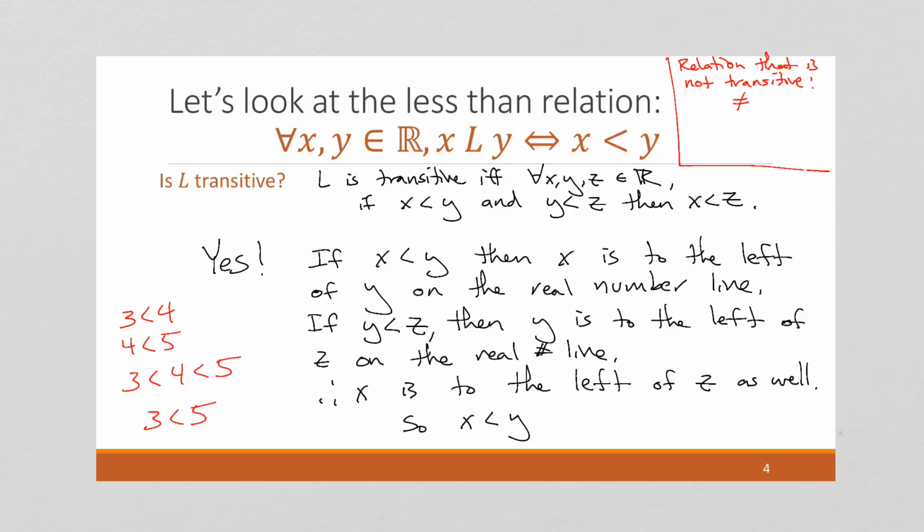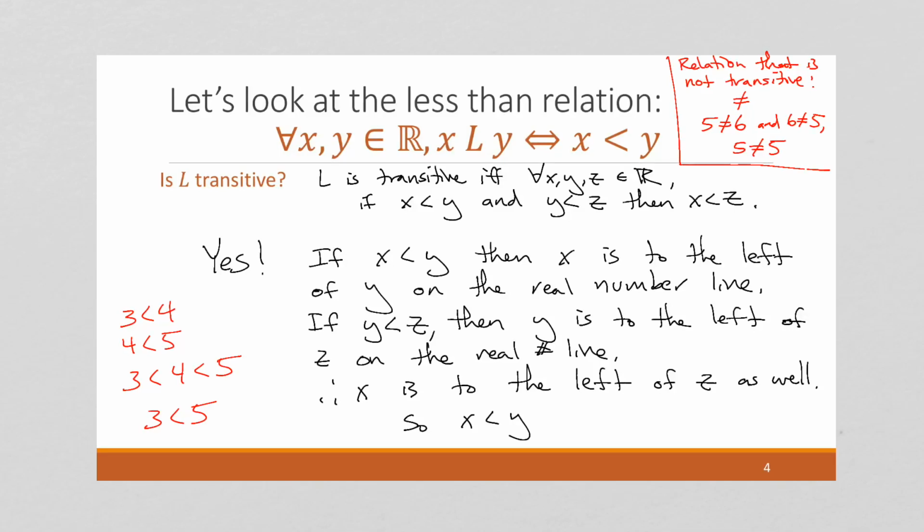Right? Because if I say that 5 is not equal to 6, and 6 is not equal to 5, it is not true that 5 is not equal to 5. That makes no sense. Right? So this is not transitive.